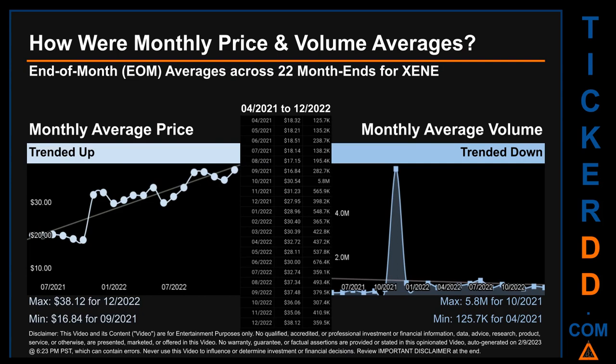The maximum end-of-month average price was $38.12 for 12/2022 while the minimum was $16.84 for 09/2021. Looking at volume, 10/2021 and 04/2021 respectively saw the highest and lowest monthly average volume at 5.8 million and 125.7 thousand.